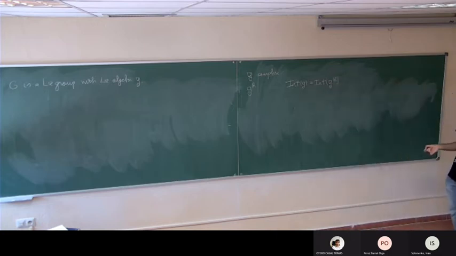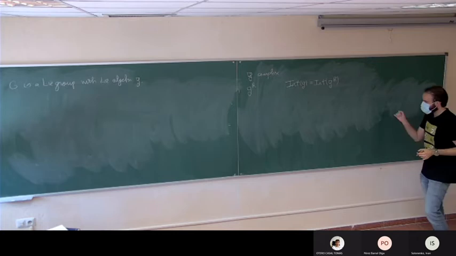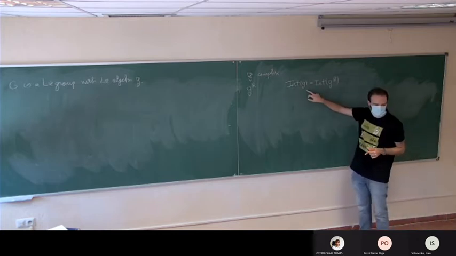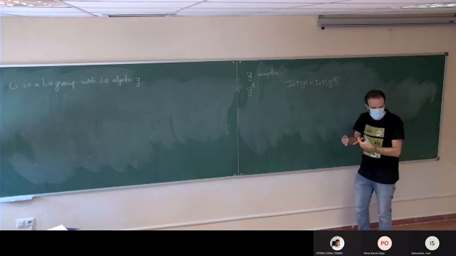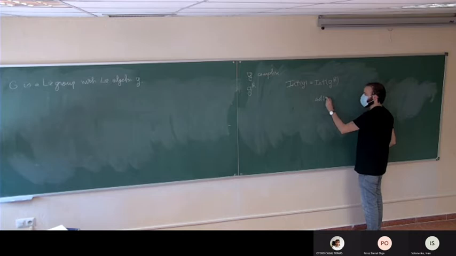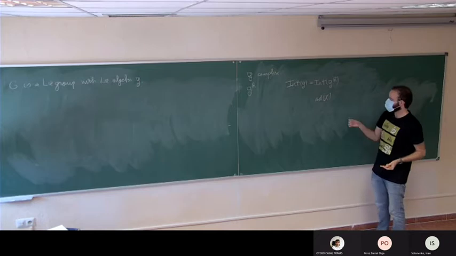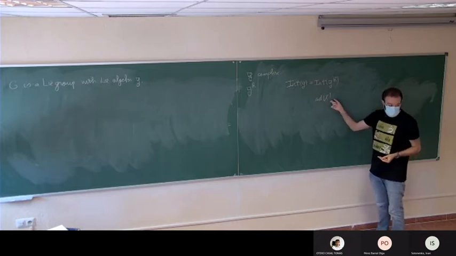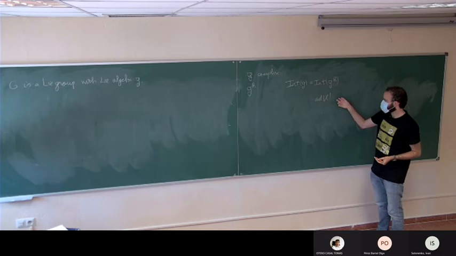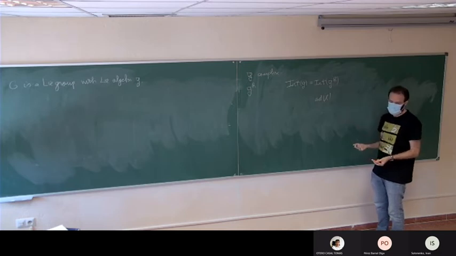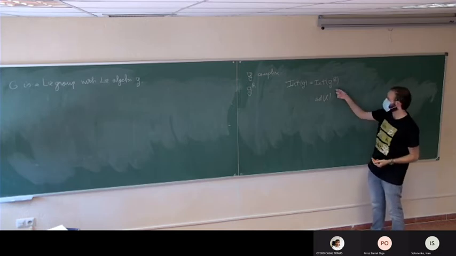So why does this make sense? Because this is generated by all the exponentials of all ad x. But even if g is real or complex, ad x is the same. So we really don't need to think about the complex structure. So in order to talk about the groups, which will be assumed to be real, there is no problem in defining this.